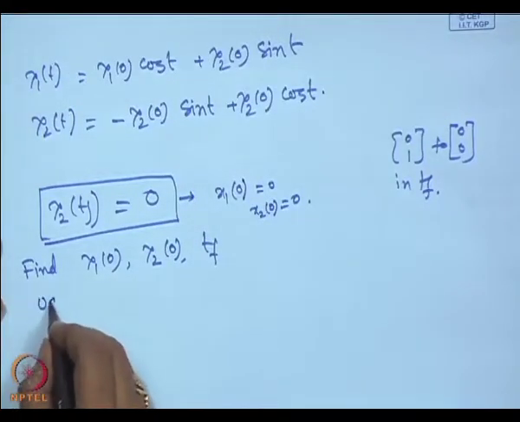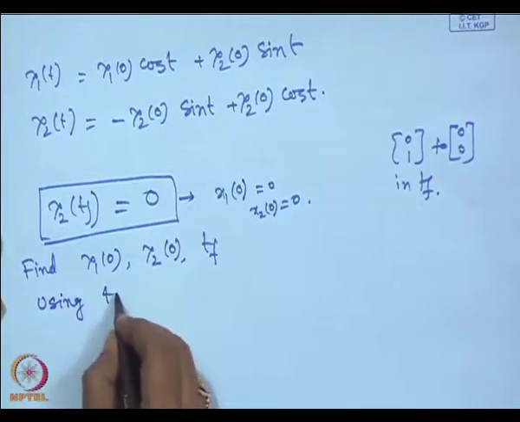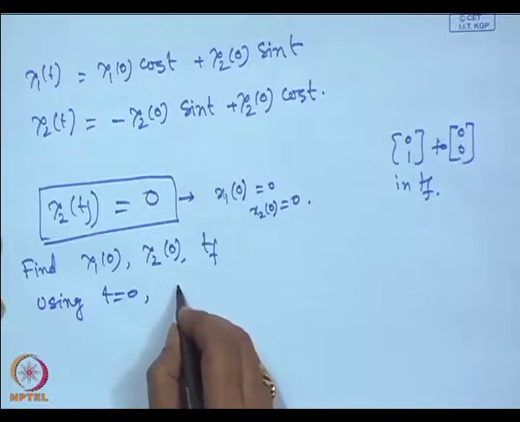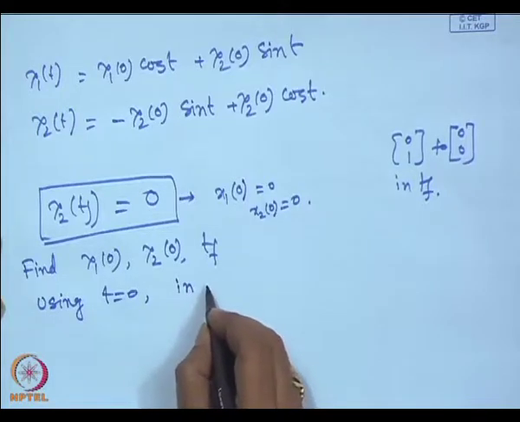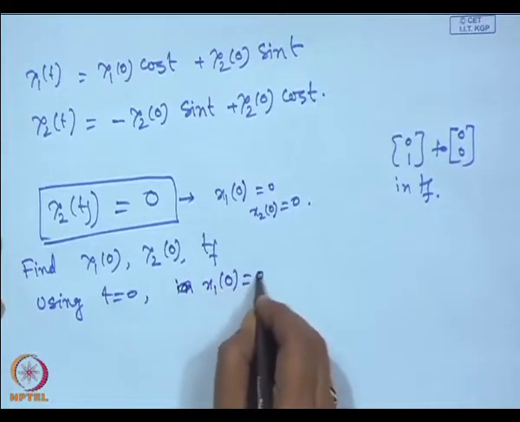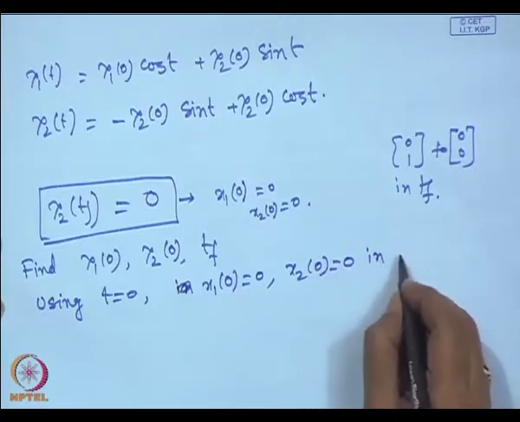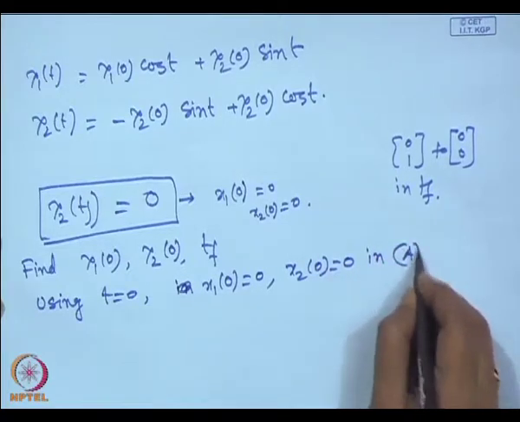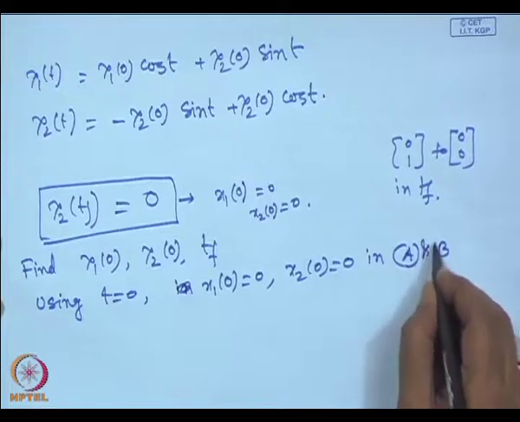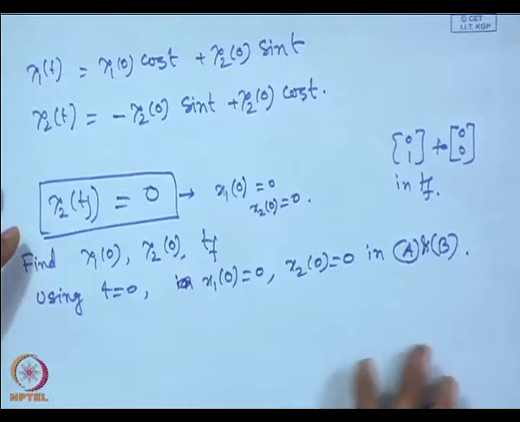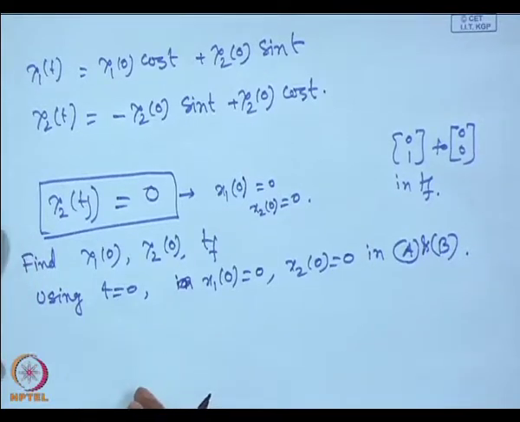Using t is equal to 0, x1 of 0 is equal to 0 and x2 of 0 is equal to 0 in equations A and B, we get two equations. Agree? Another equation we will get at t is equal to Tf.